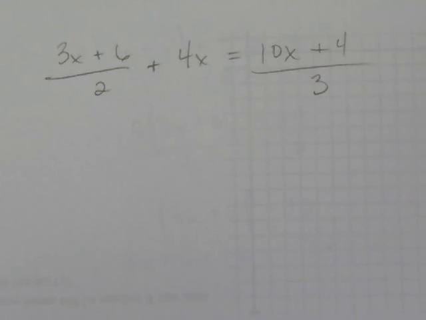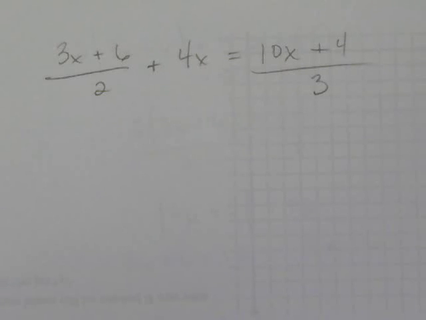So, when I have a problem like this, I have some fractions in there, I have some x's in there, I have some complicated things happening. The first thing that I want to do is get rid of my denominator. That's going to make it easier to deal with.